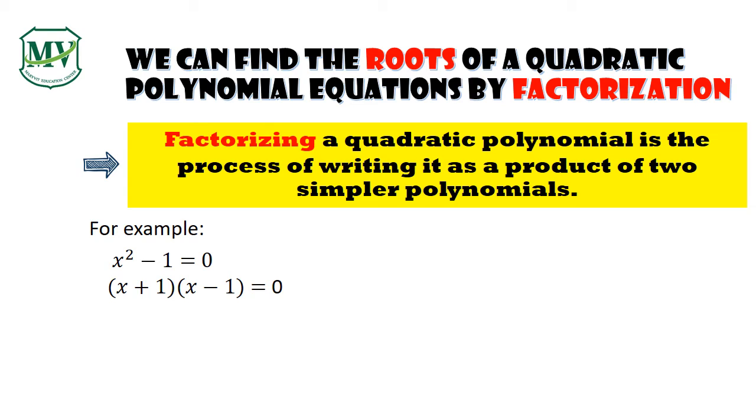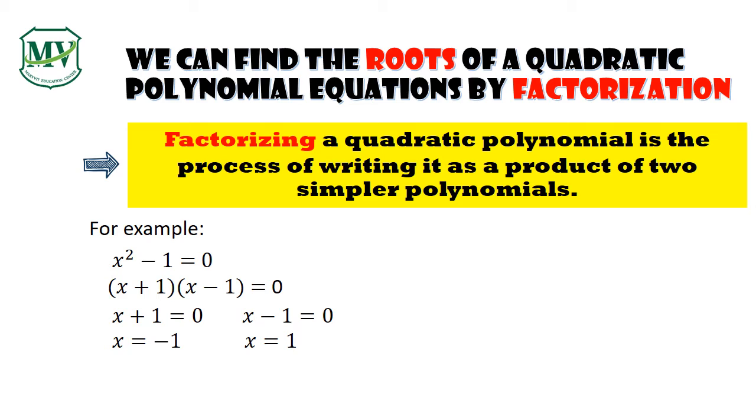So the factor of it is the quantity of x plus 1 times the quantity of x minus 1 is equal to 0. Then x plus 1 is equal to 0 and x minus 1 is equal to 0.